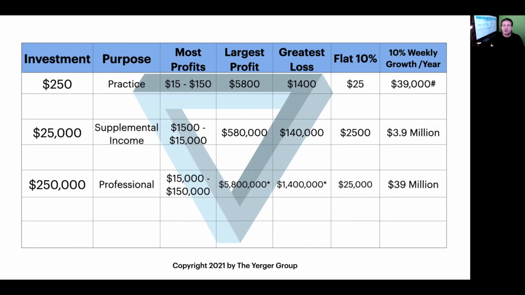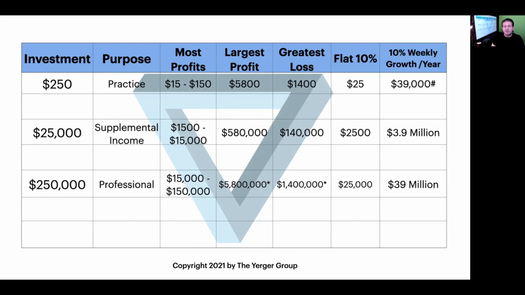That is actually a possibility. And then your largest loss will be 1.4 million. In the grand scheme of things, when you're talking about a total end growth after a year of $39 million, that 1.4 will be a day at the office. You're not going to like it, but you'll be working that back up to 39 million in a real hurry.